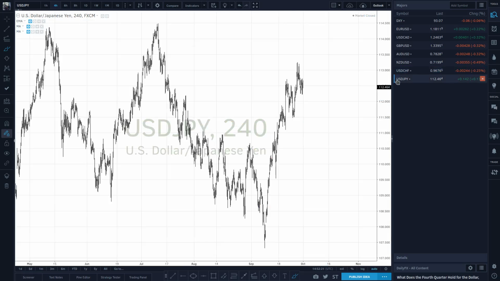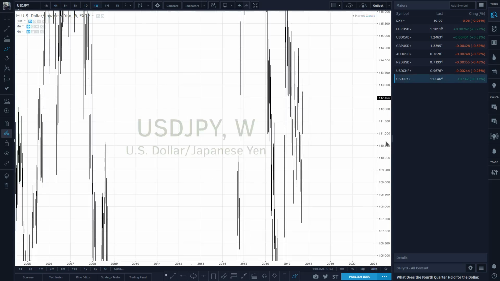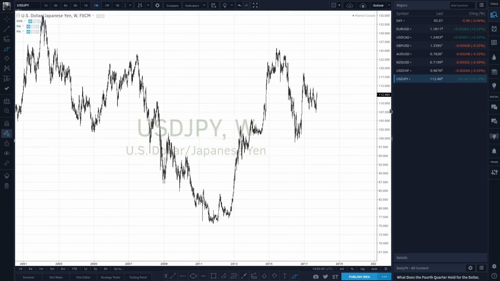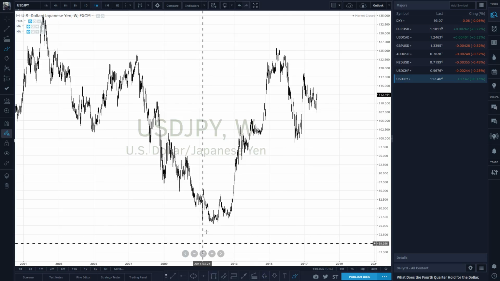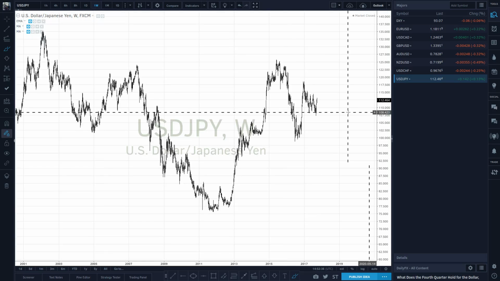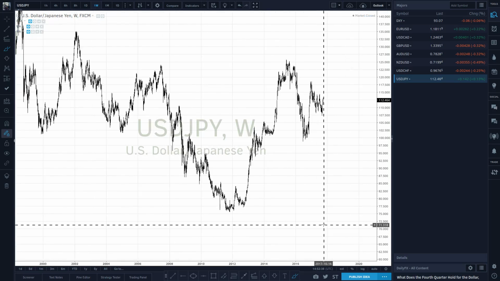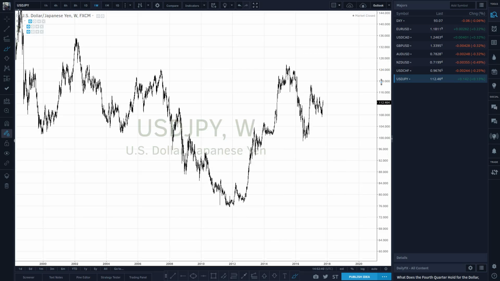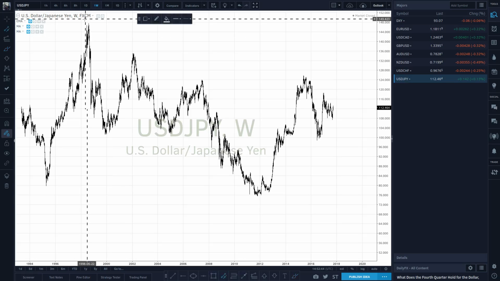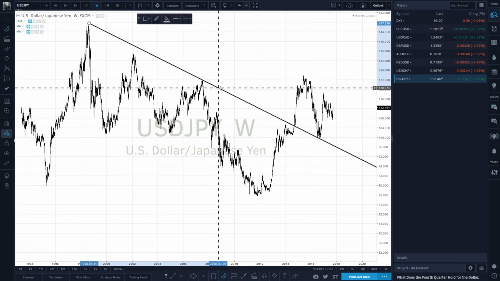All right, dollar yen. Take a look at the weekly. Okay. First thing, is there any form of channel?